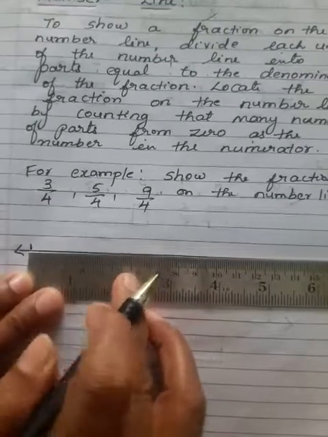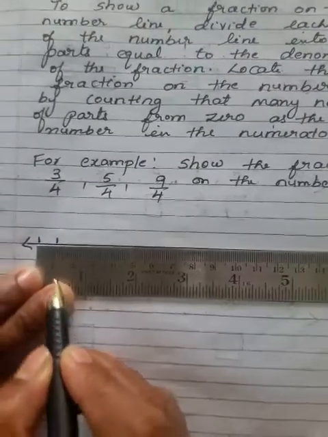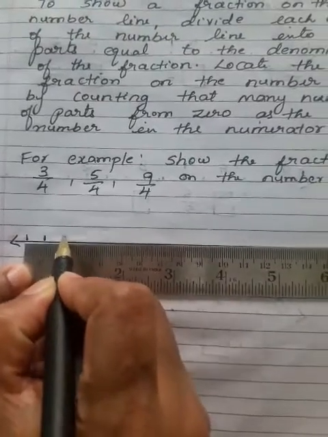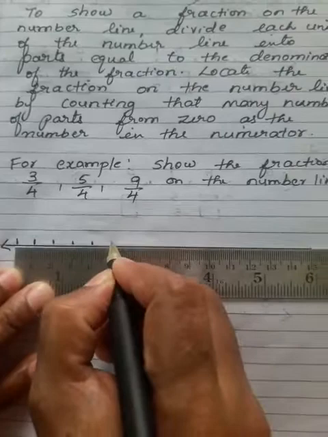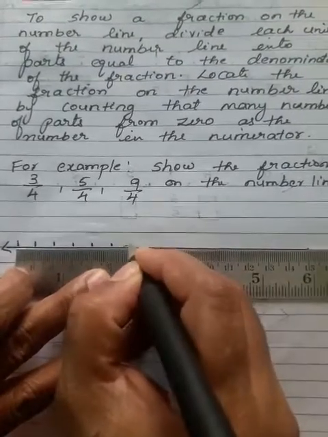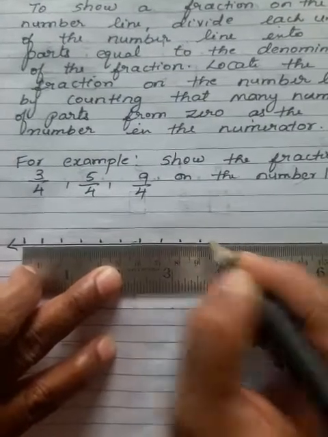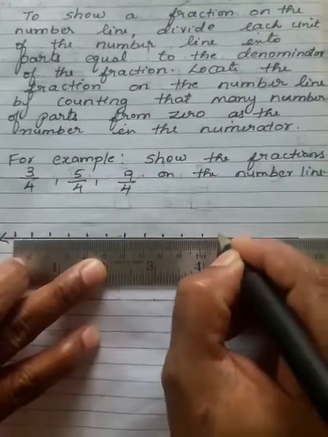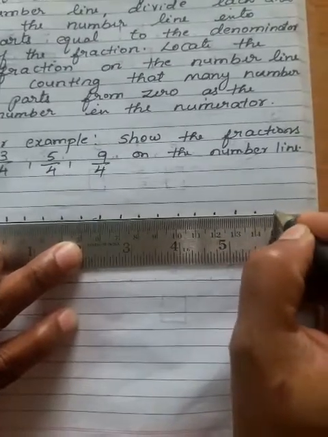So 0, make the marking at a distance of 1 centimeter. 1, then 2, 3, 4, 5, 6, 7, 8, 9, 10, 11, 12, 13, 14, 15.